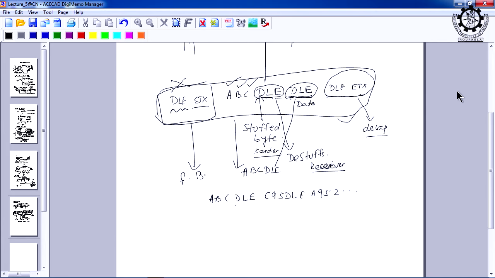For this DLE you will have a stuffed DLE here, and for this DLE again you will have another stuffed DLE here. So, every time the receiver receives a frame having two consecutive DLE escape characters, it immediately de-stuffs the first one, and the second one is considered as actual data, and further processing takes place.